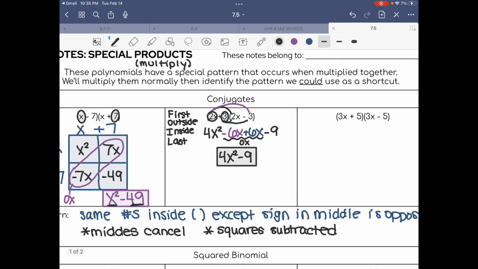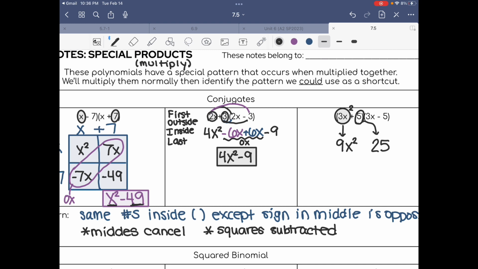So if I wanted to use this rule for this third one, I would multiply 3x times itself, or 3x squared, which is 3 times 3 is 9, and x times x is x squared. Then I would multiply 5 times 5, that's 25.